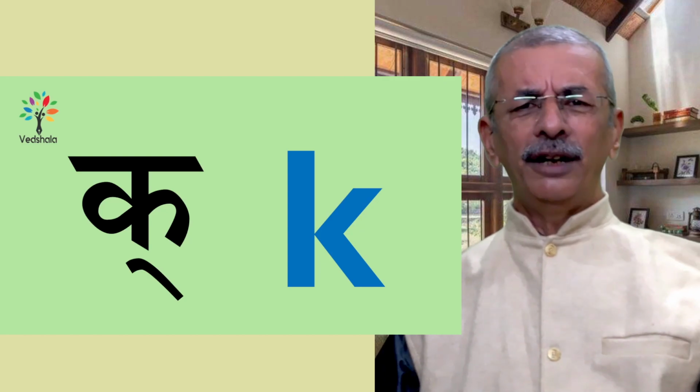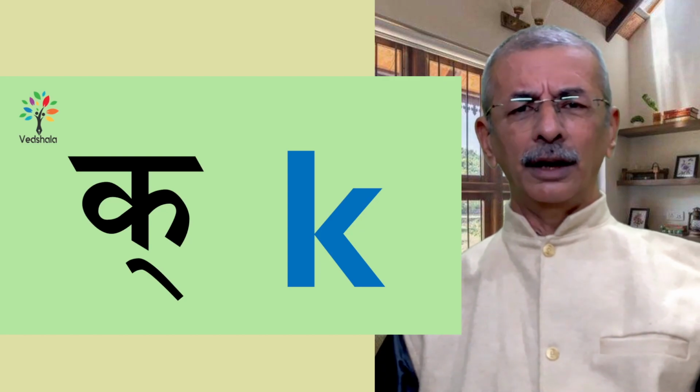It is actually difficult to pronounce consonants by itself. Why? Because a consonant by itself is half, and pronouncing an alphabet half is a difficult task. It's not that easy. But you will realize later on how we are pronouncing it as K.